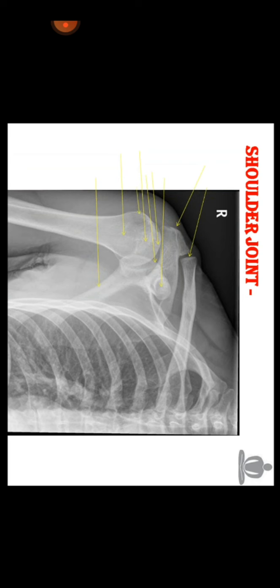This is greater tuberosity. Greater tuberosity is lateral side bulge. Clavicle. This is glenohumeral joint.